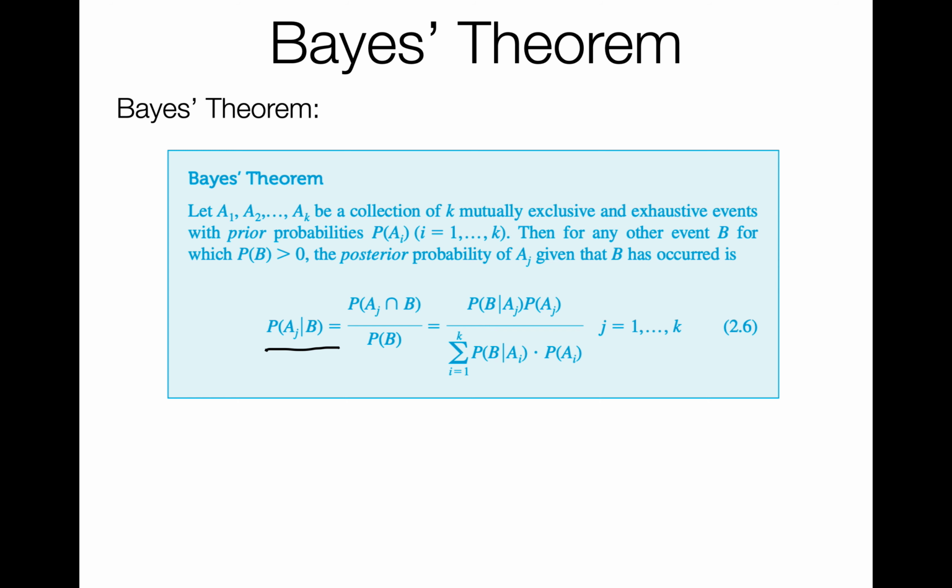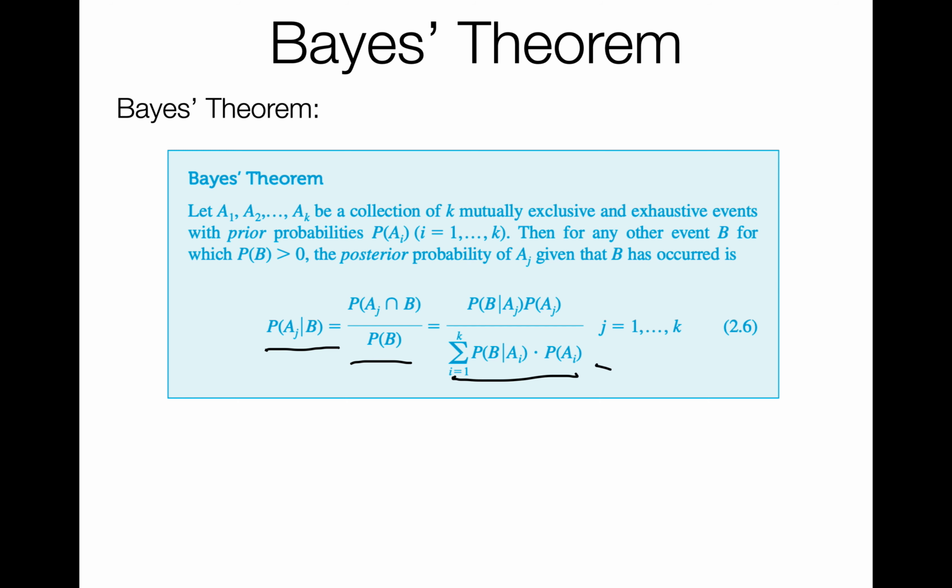We're looking for this. The definition of conditional probability gets us this second part: A sub j and B over the probability of B. Now the law of total probability tells us this denominator part.